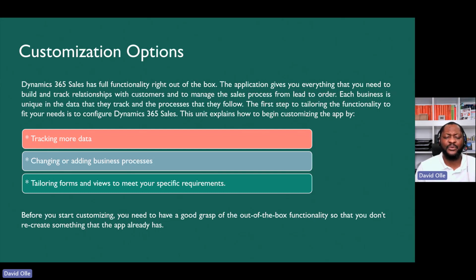How do you want them to interact with your forms? What kind of views do you want them to see? We'll talk a little bit more about views later on. So the key point to take out of this is that when you start to customize a solution, you have to be aware of what is customizable first before you delve into actually customizing the solution.